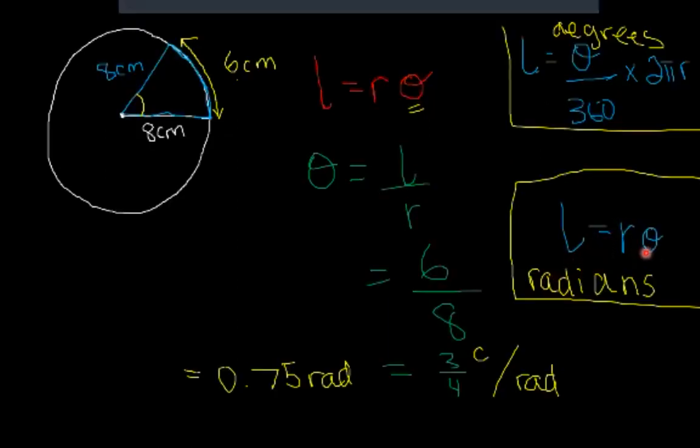In the second formula, theta is in radians. So what does that mean? The unit for 3 on 4 is radians, not degrees. So it's three-quarter radians. Or you could put 0.75 radians. You good there? Yes, Miss.